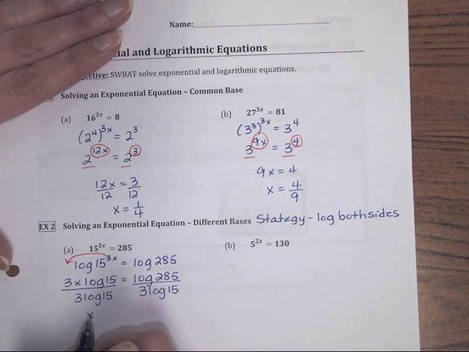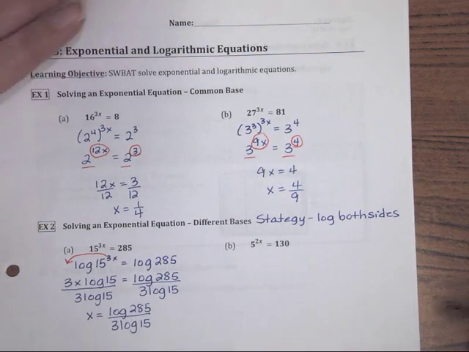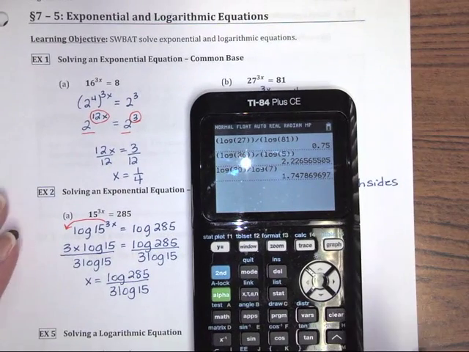And what I have is x equals log 285 divided by 3 log 15. At this point, you've got to go to your calculator, and you need to be careful putting this in there.